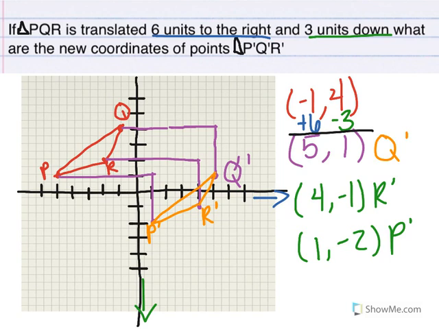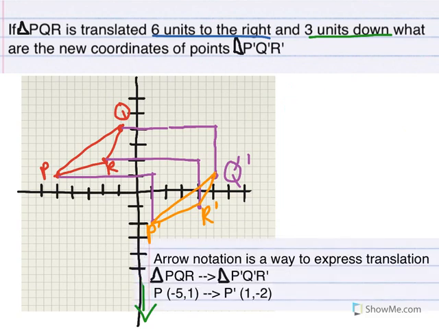One last thing to cover with translation is using arrow notation. Arrow notation is just a way to express translation and show it in written form. So we would use an arrow to show that triangle PQR was translated to triangle PQR prime.